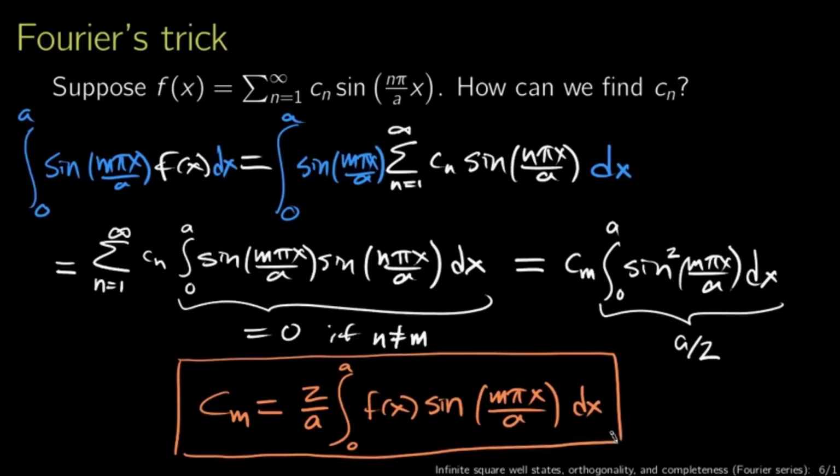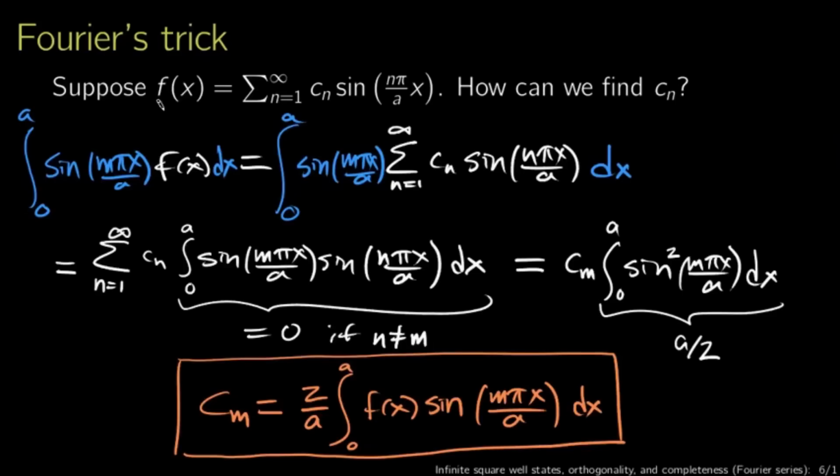This tells us that if it is possible to write f of x as a sum like this, it gives us a formula for what numbers to use in the sum. So that's all well and good. But does that actually work? This is nice because it hypothetically allows us to express any function.